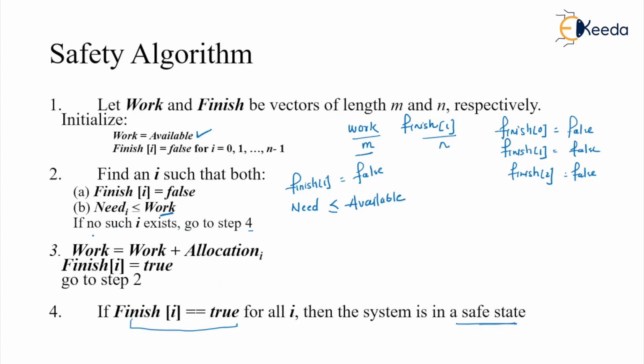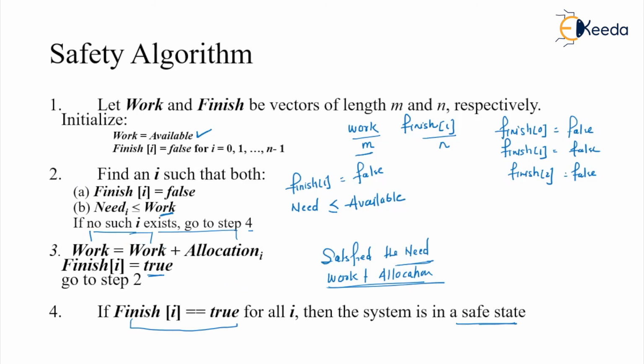So what we do here is Work becomes Work plus Allocation. We assume that we can satisfy the need, and after using the resource, it will free the resource. So Work will become Work plus Allocation. That means it will return the resource, and Finish[i] will become true. Then you can go to step 2 and again find such an i.